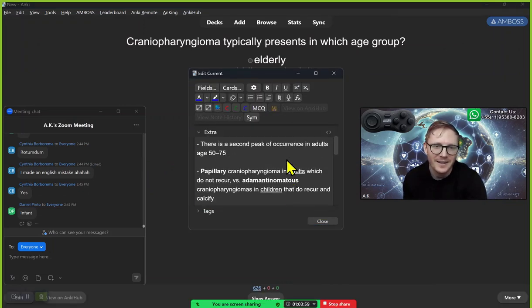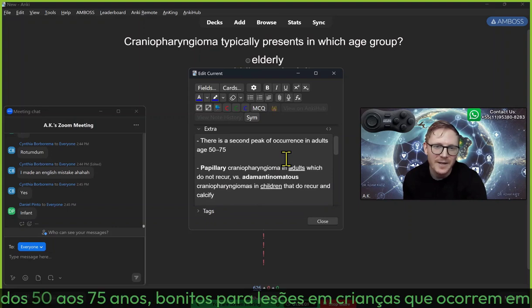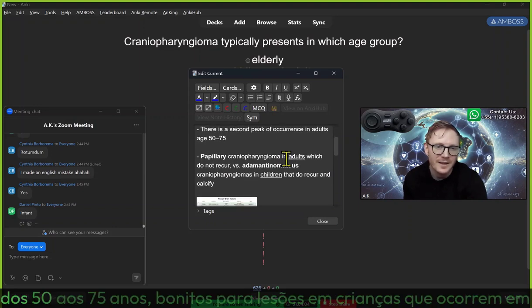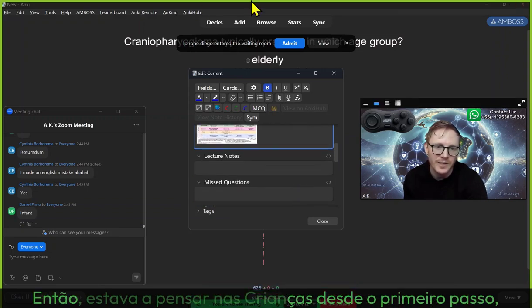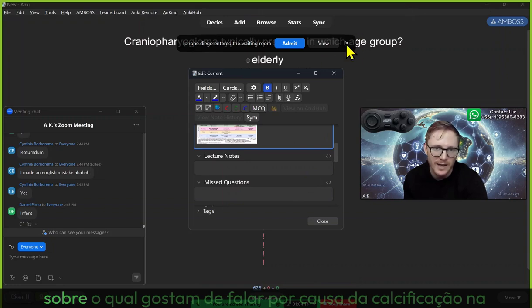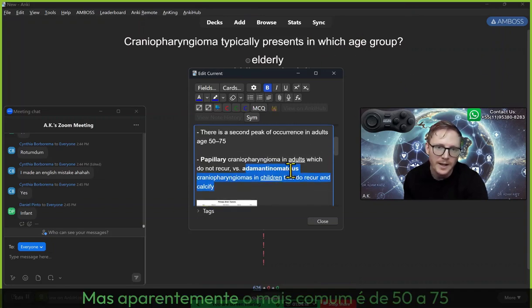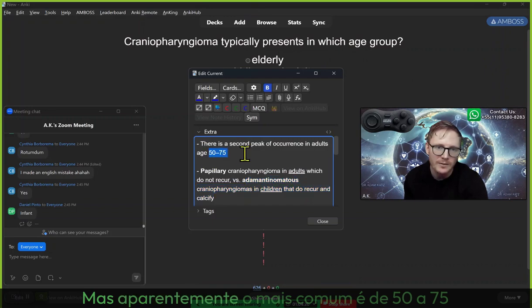Elderly, 50 to 75. Craniopharyngiomas in children do occur and calcify. I was thinking children from Step 1, which they like to talk about because of the calcification on CT scan. But apparently the most common is 50 to 75.